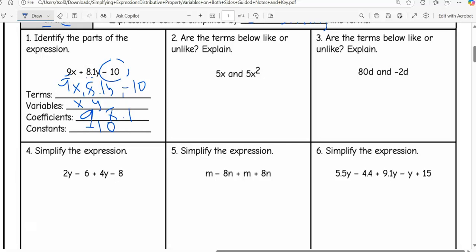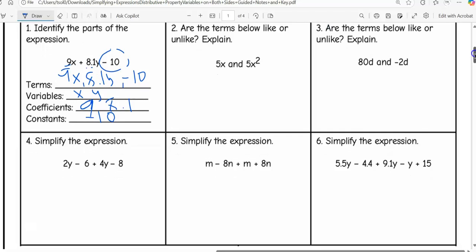All right, let's answer some of these questions. Number 2, are the terms below like or unlike? We're going to write unlike and explain. We know this because there's a 2 here, but there's no 2 there. So it's unlike.